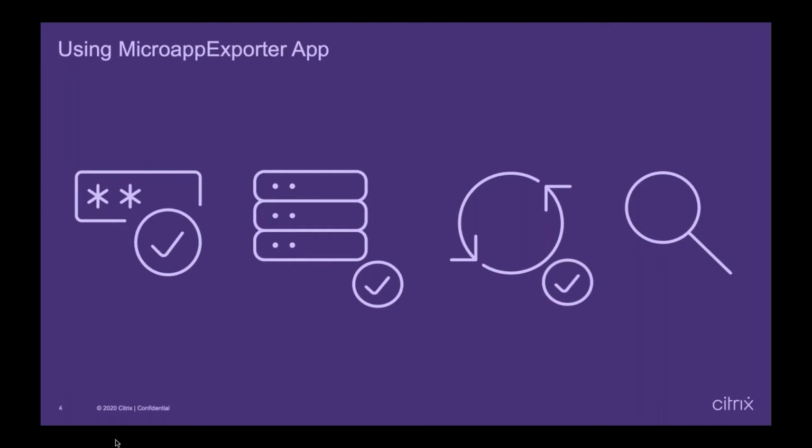The cache now allows administrators to use and reuse their known good configurations in different environments and deployments. And the tool also implements a diff utility that makes identifying differences among microapps much easier.